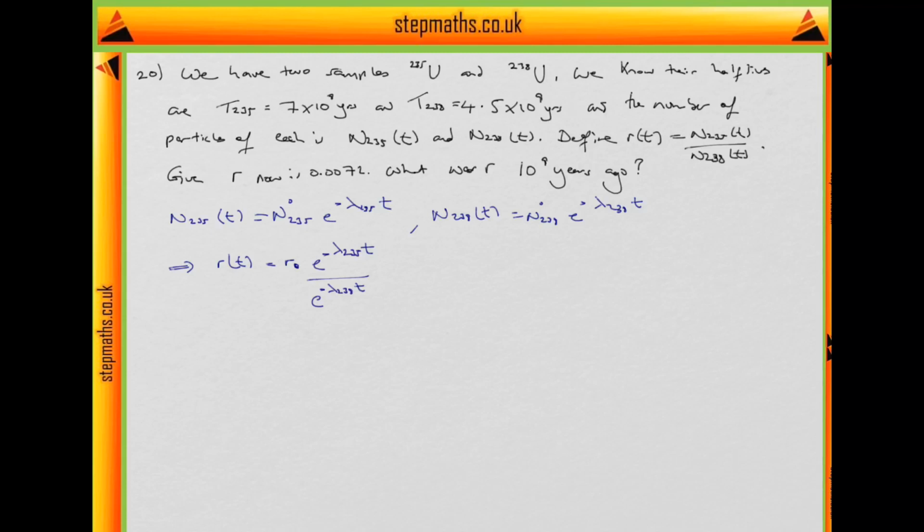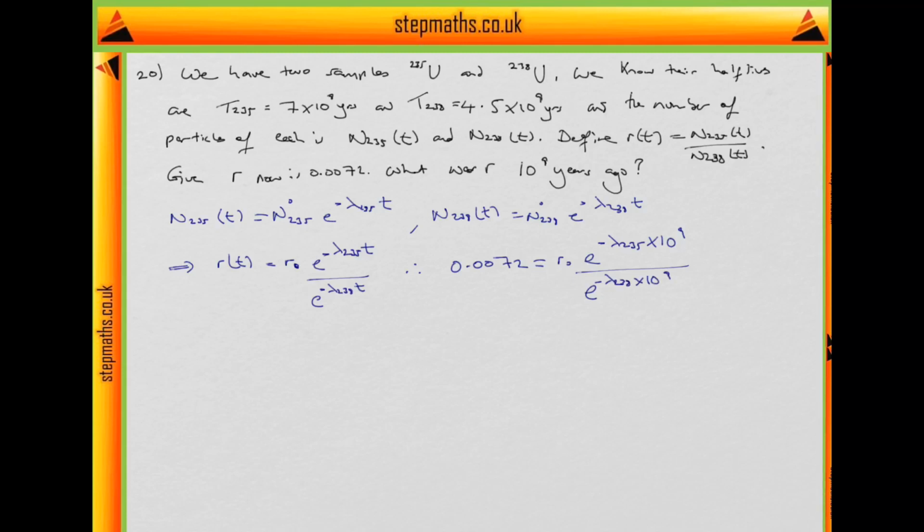So therefore we know 0.0072 equals r0 e to the minus lambda 235 times 10 to the 9 over e to the minus lambda 238 times 10 to the 9.